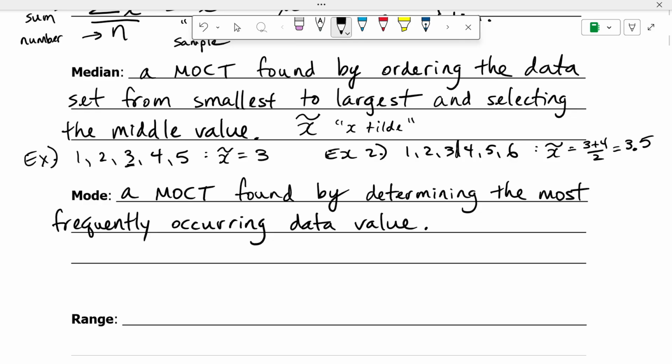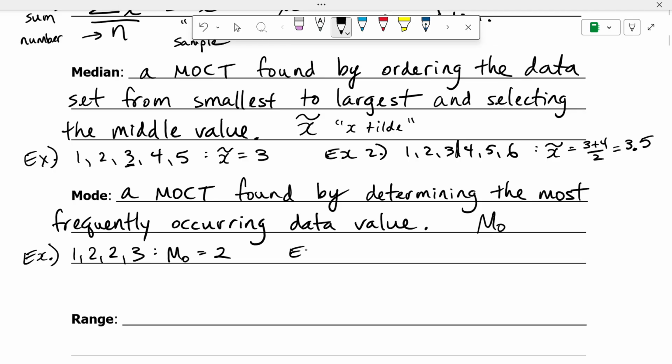So if I have the data 1, 2, 2, 3, my mode is 2, because 2 happens more often than the 1 and the 3. The symbol we usually use for this is a capital M with a little O beside it. So for this data set, my mode is 2.